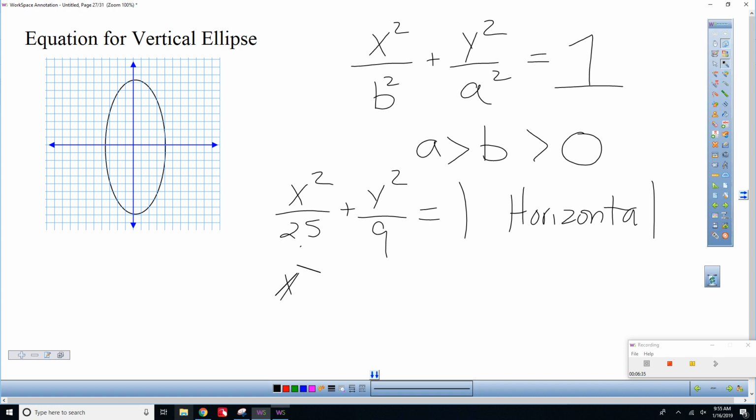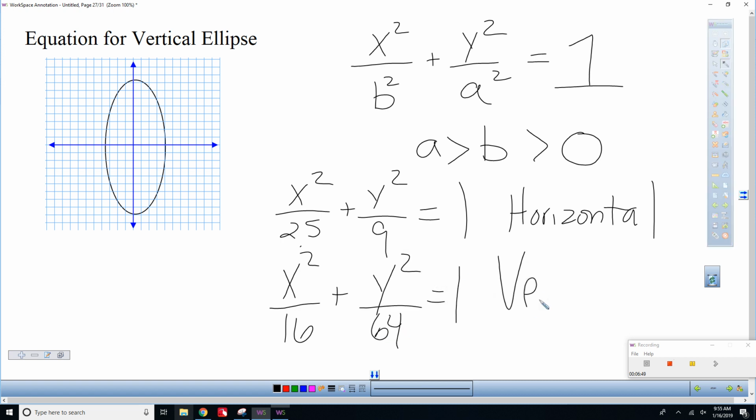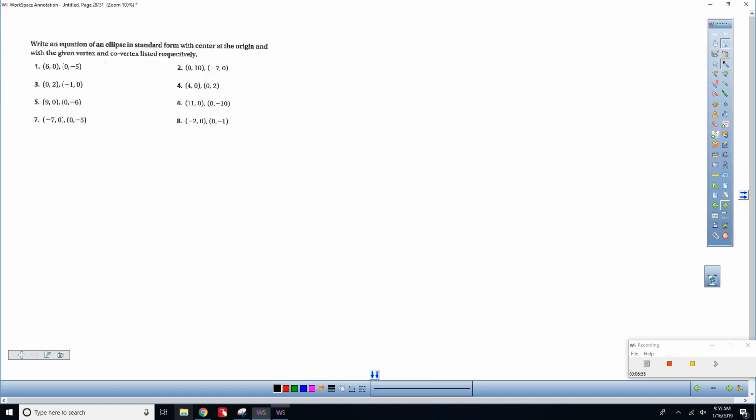ViewSonic, that's what's going on. If it looks like this, that is vertical. That's what you learned in those last two slides. Okay? All right. Is that it?